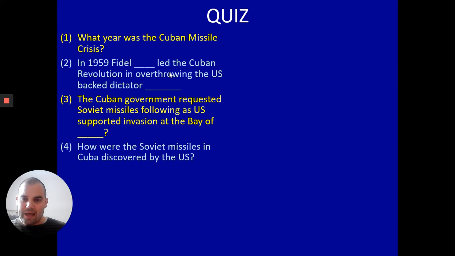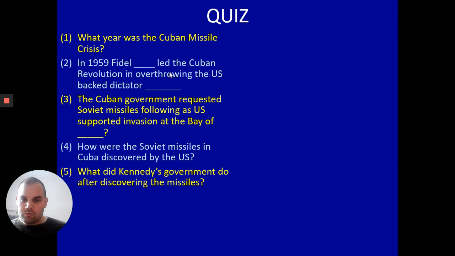Right, number 4. How were the Soviet missiles in Cuba discovered by the US? Right, number 5. Very briefly, what did Kennedy's government do after discovering the missiles?